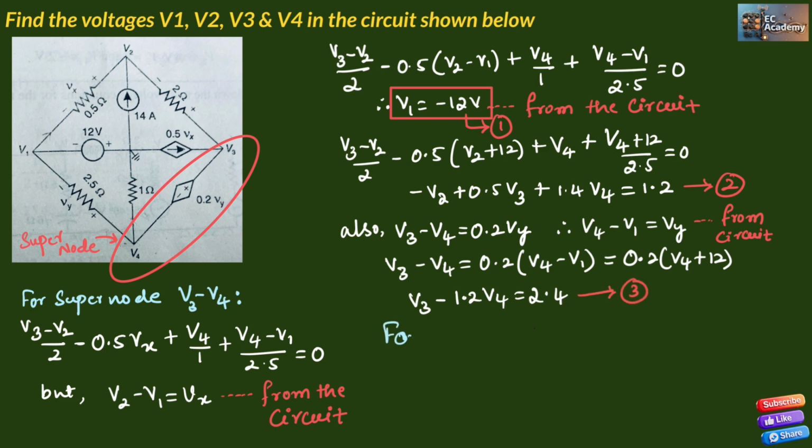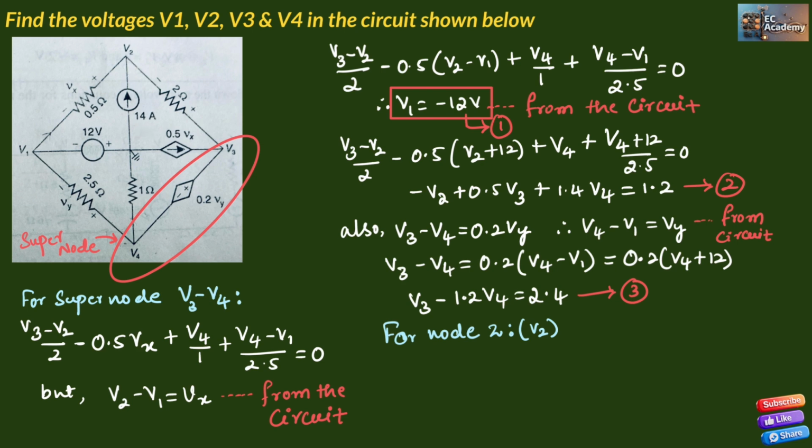Now for node 2, which is V2, we can write (V2 minus V1) divided by 0.5 plus (V2 minus V3) divided by 2 will be equal to 14.